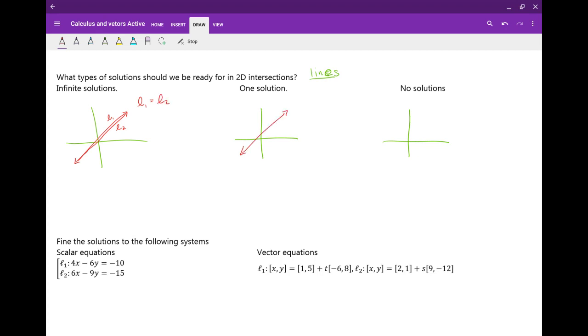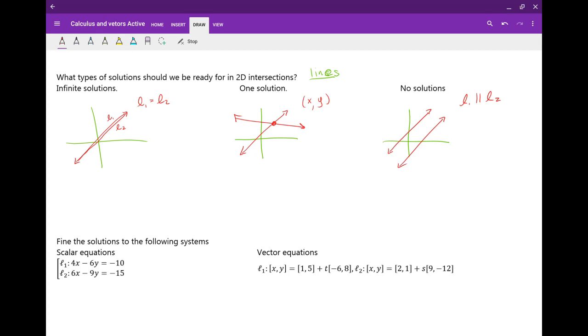One solution is where these two lines just intersect at a point, so our solution is a point, some x, y coordinate. No solutions would be a scenario where line 1 is parallel to line 2.